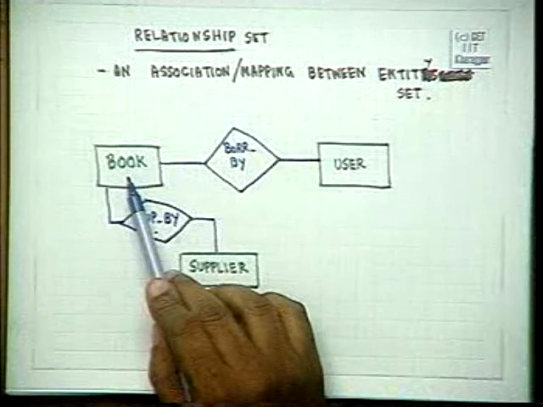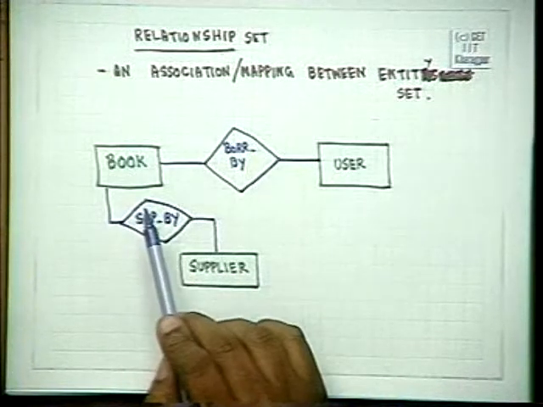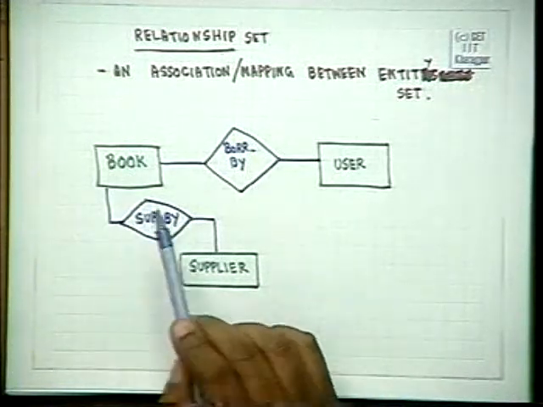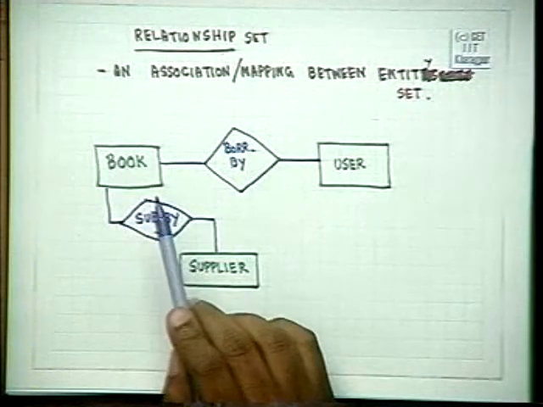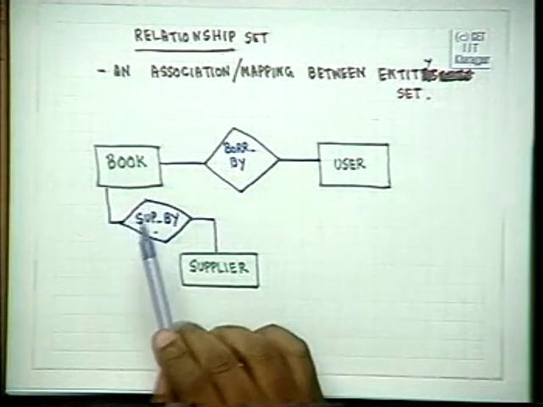For example, you cannot have in the book entity set two books which have the same accession number, same call number, same title and same everything. That is not the definition of a set.